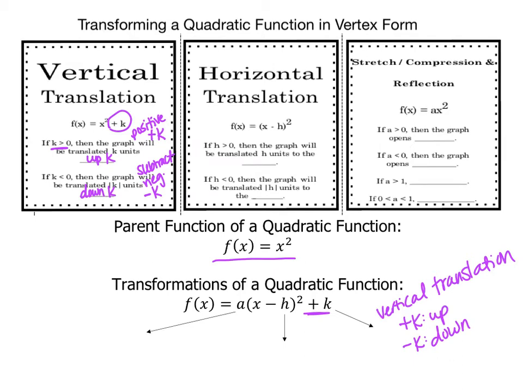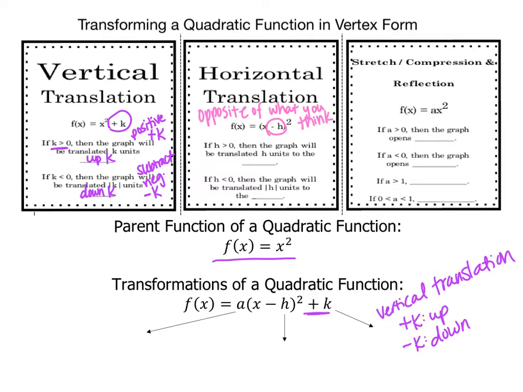All right. Now, if we can move something up and down, we could also move it right and left. So our horizontal translation, we notice that's now inside our function. Okay, it's being inside those parentheses. Now, one thing to remember with a horizontal translation is it's going to be opposite of what you think. So what I mean by that is, for example, if I move something to the right 4, I would think, okay, well, I'm adding 4.